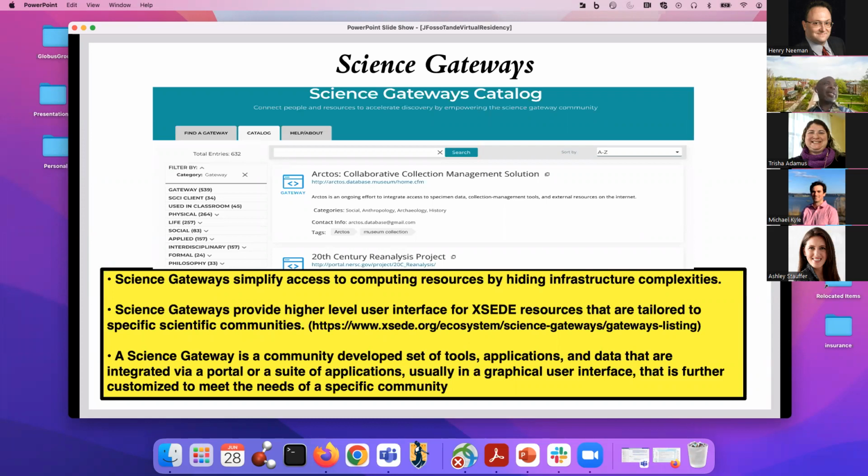We see that for XSEDE, you have a single sign-on, user access, you can manage your allocation, you can add users. A science gateway could also be developed by a community to meet its needs and provide a set of tools, applications, and data that are integrated via a portal.